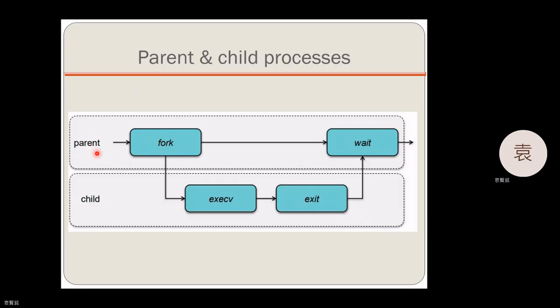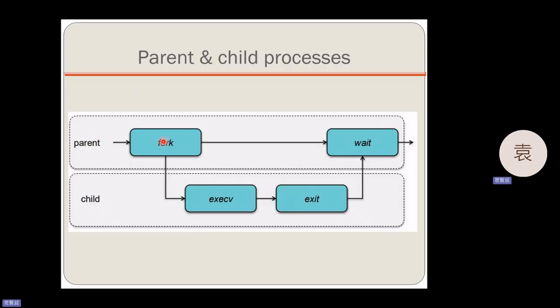Although it is called by the parent process, after the child process is created, both parent and child have their program counter pointing to the return part of this fork system call, so they have the same return address. The child process also returns from the fork system call.